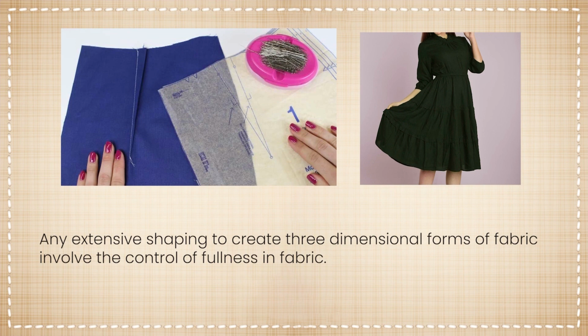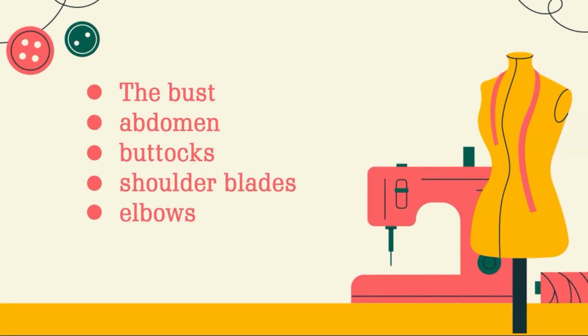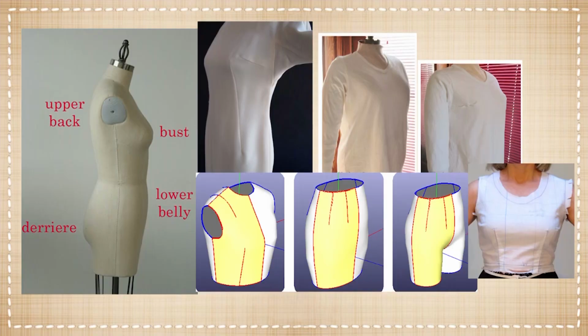So any extensive shaping which is done to create a three-dimensional form of fabric involves the control of fullness in fabric. The bust, abdomen, buttocks, shoulder blades, and elbows are the curves which require these shaping methods, where the fabric has to be folded or stitched in a three-dimensional form to conform to the body curves.